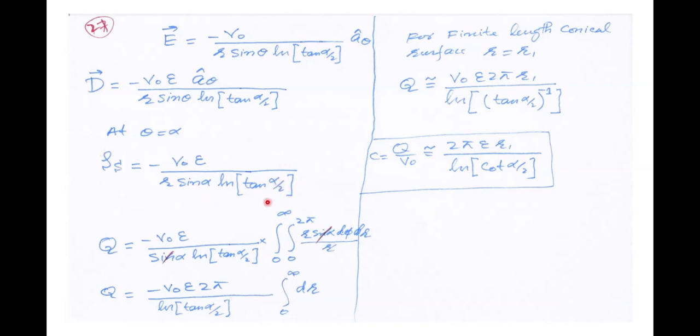Now in order to obtain the total charge residing on the conical surface, we have to integrate this surface charge density with respect to surface, that is in the direction of theta, where the incremental surface in theta direction is equal to r sine theta d phi dr, and the range for the radial axis r is from 0 to infinity, and phi varies from 0 to 2 pi.